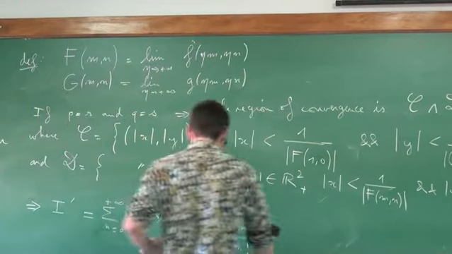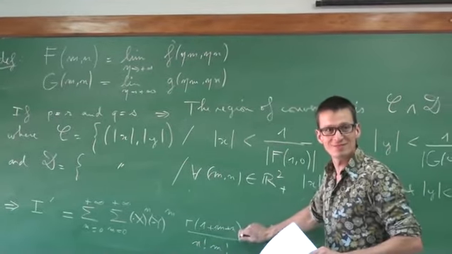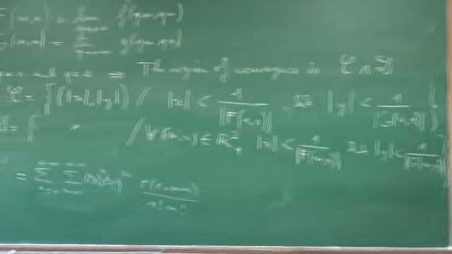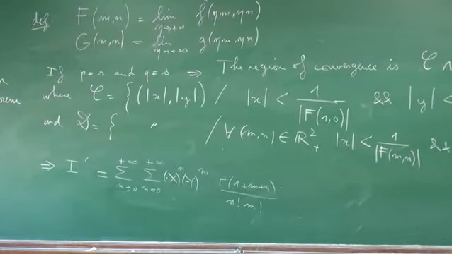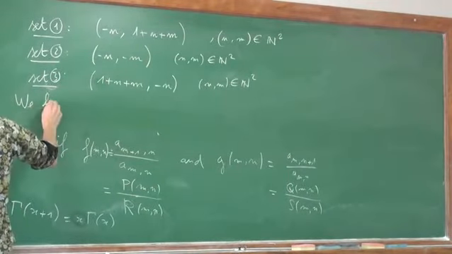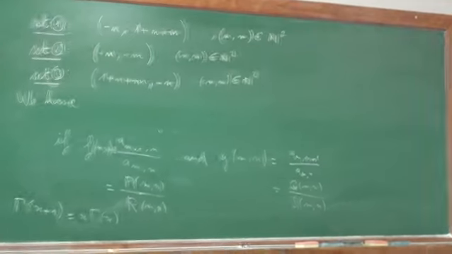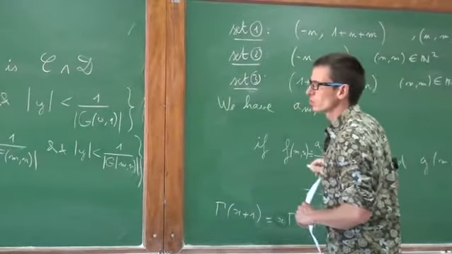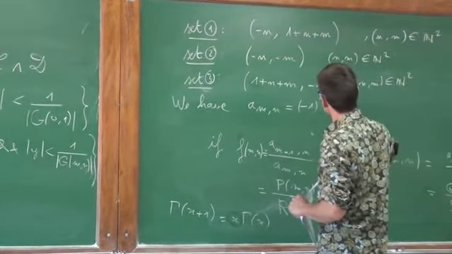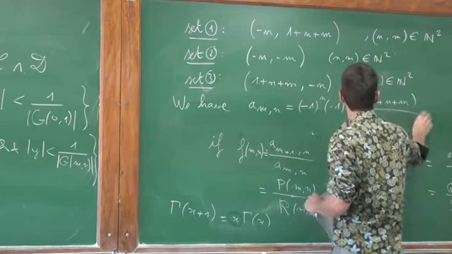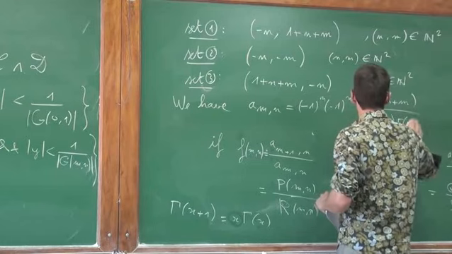Okay, now we can apply this. So we have a_{mn} equals (-1)^n (-1)^m gamma of 1 plus m plus n divided by gamma of m plus 1 gamma of n plus 1.